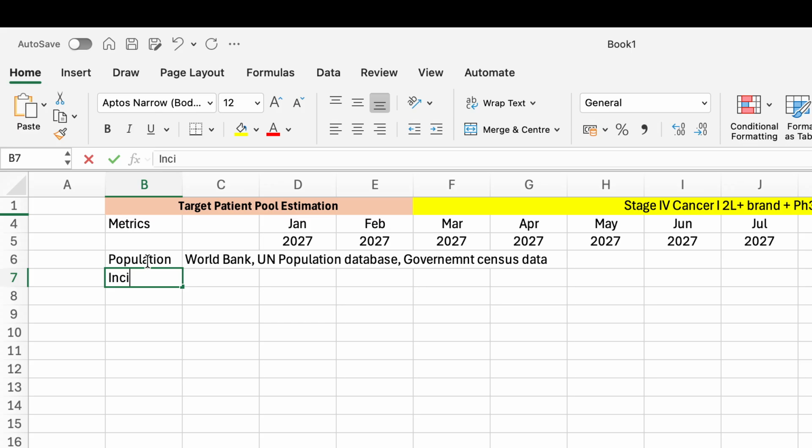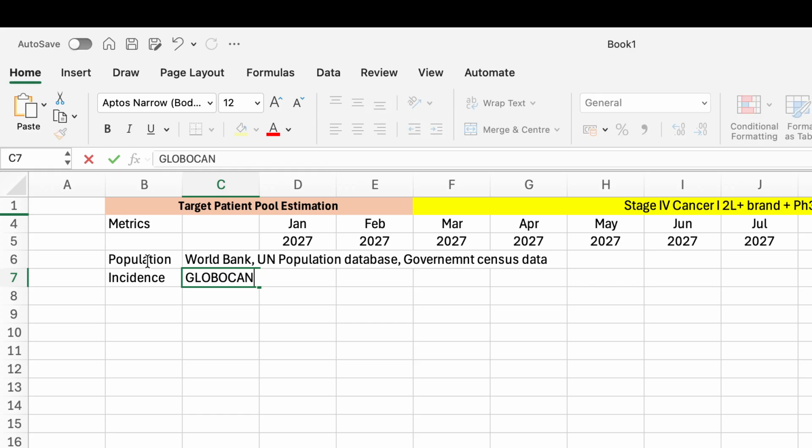Then after population, you have the incidence rate. So this basically tells us out of 100 people how many develop this cancer every year or every month, right? So mainly you fetch incidence data from Globocan, or also we have SEER, and you can just put these keywords on Google and you would get these sources.